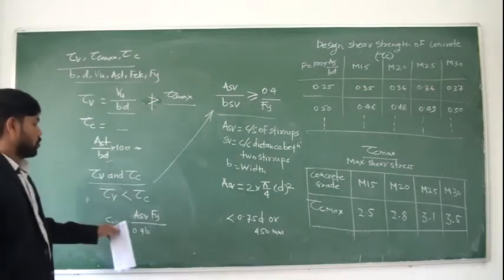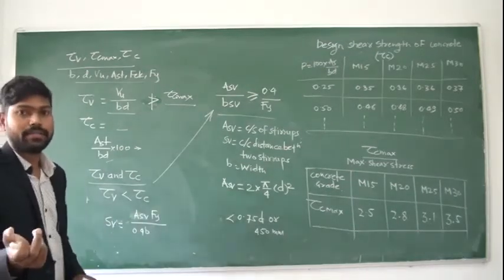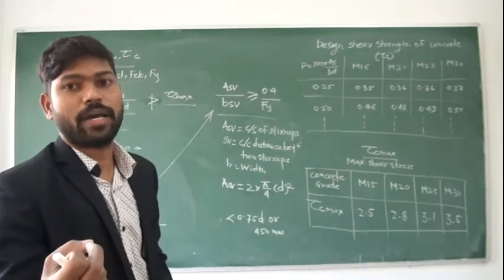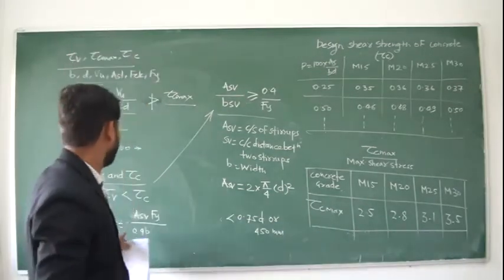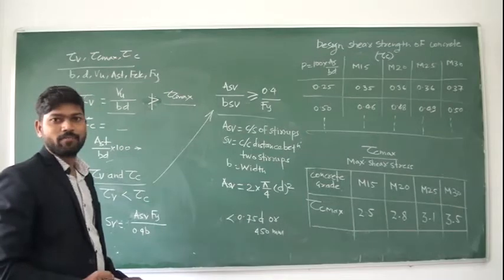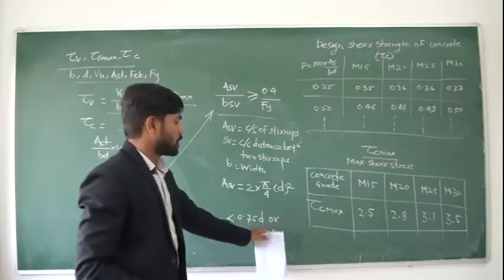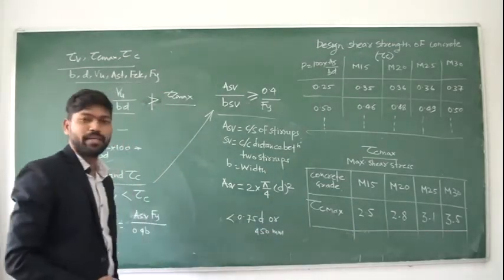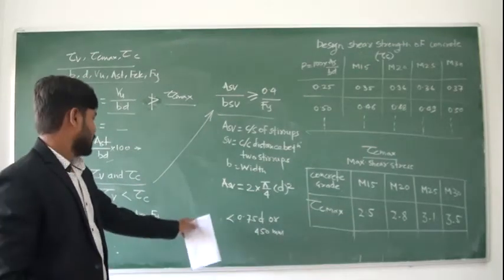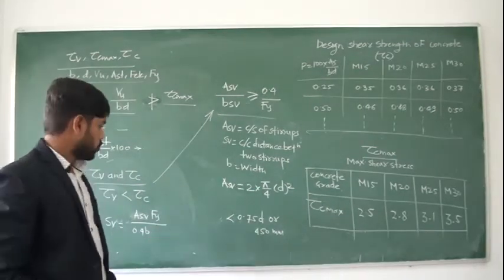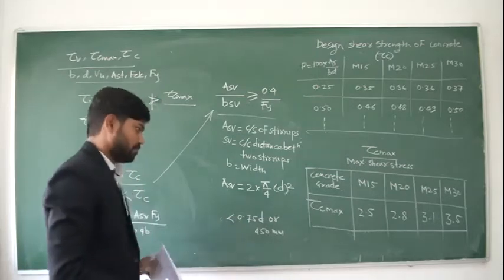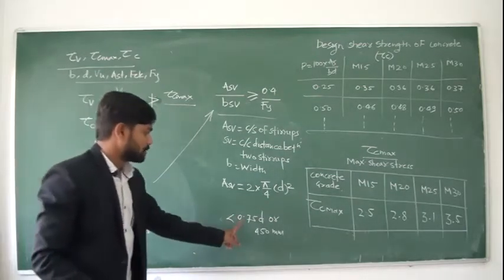You have to take the diameter of the bar which is going to be used as a stirrup, and calculate the spacing. You have to check that spacing with these two criteria, 0.75d or 450 mm. You have to select the minimum of these three values.